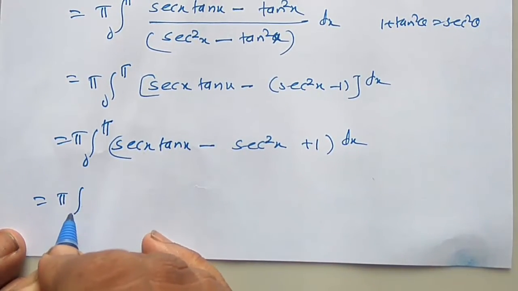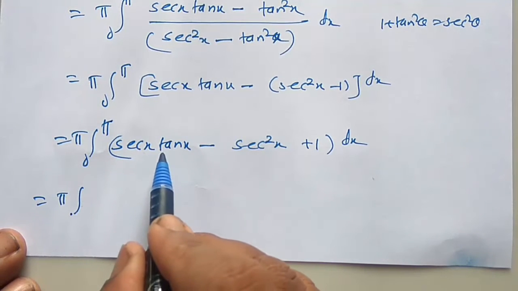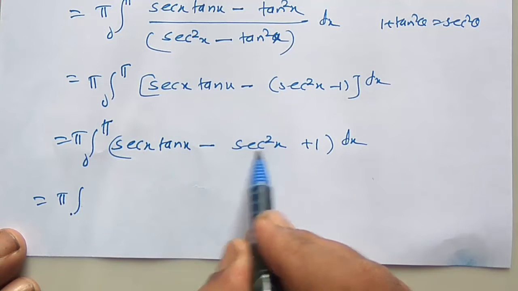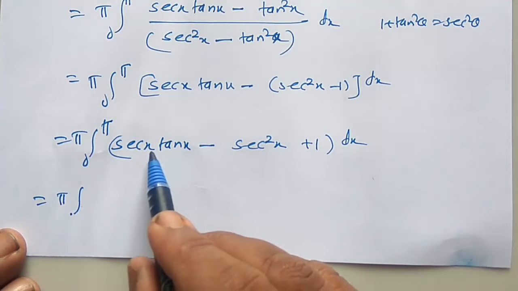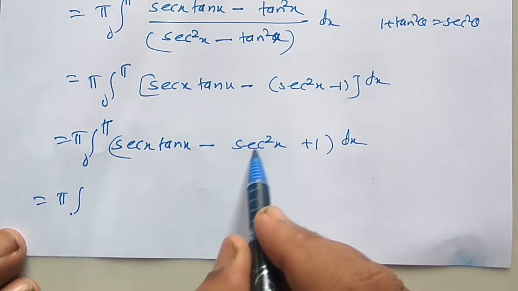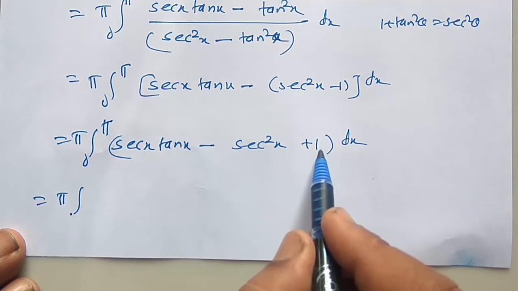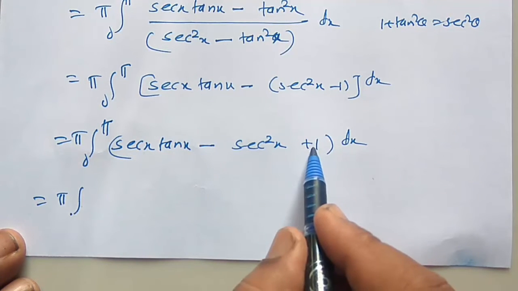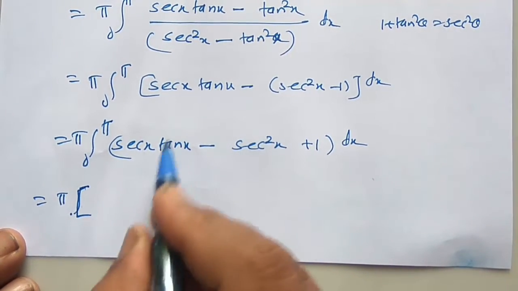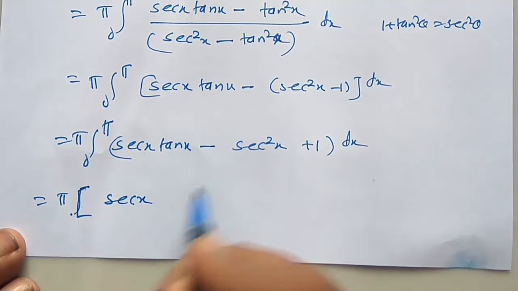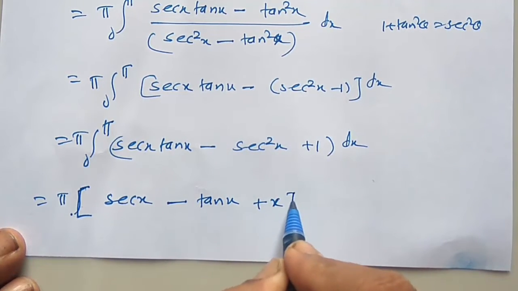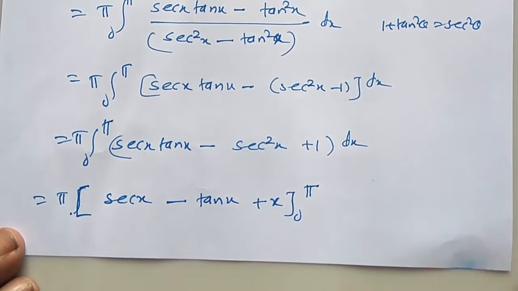Now we know that the derivative of sec x is sec x into tan x and the derivative of tan x is sec square x. So we can find the integration of sec x tan x is sec x, the integration of sec square x is equal to tan x, and the integration of 1 with respect to x is x. So this is sec x minus tan x plus x, from 0 to pi.